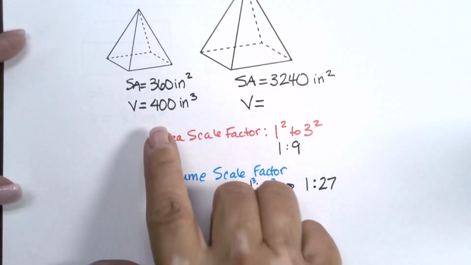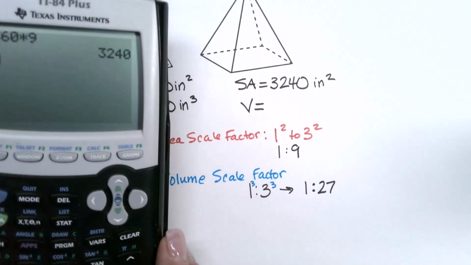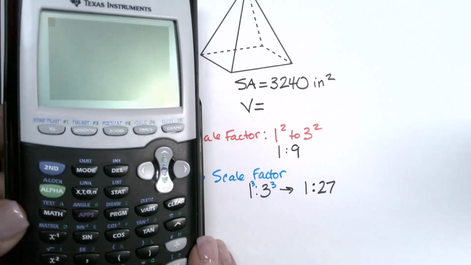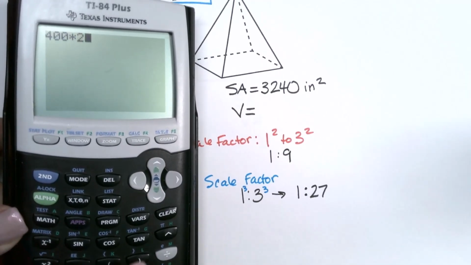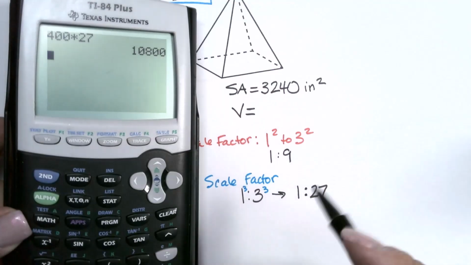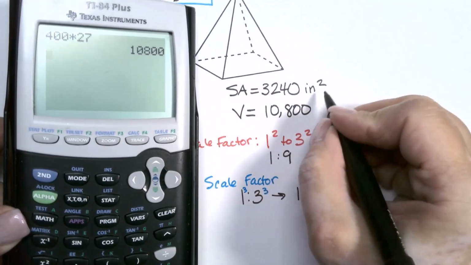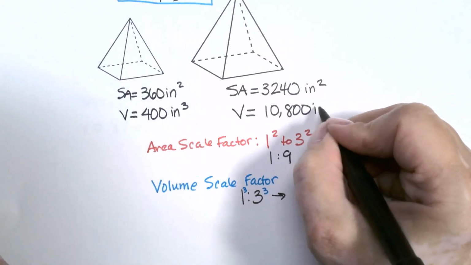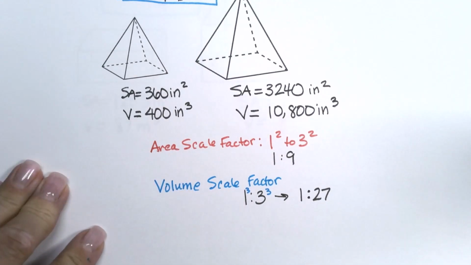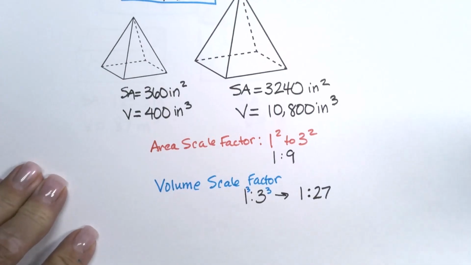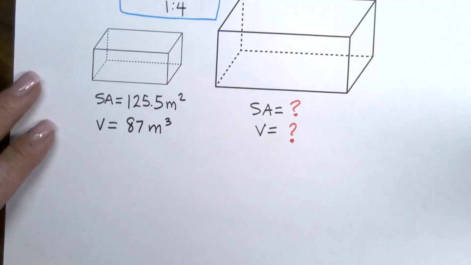So we're going to take our 400 inches cubed times 27. That would be 10,800 cubic inches. Now test yourself and see if you have learned that trick and that you are going to be the one who gets these right.